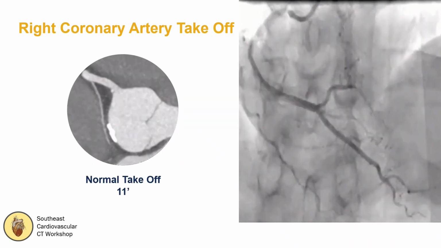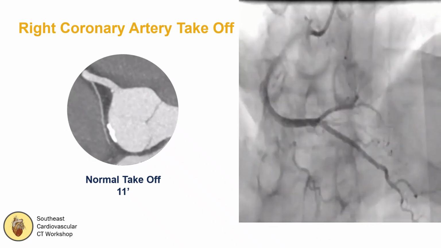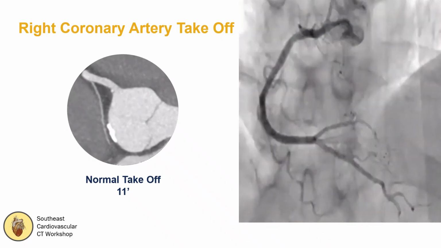So this is an example of a standard RCA origin. On the CT image, the vessel arises from the expected location. And on the invasive angiogram, you can see straightforward engagement with good guide support.